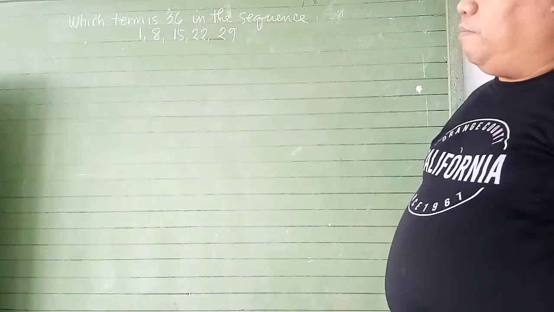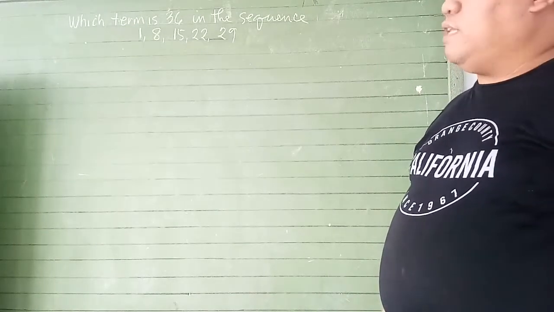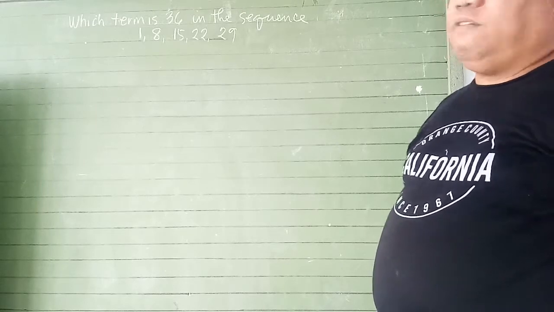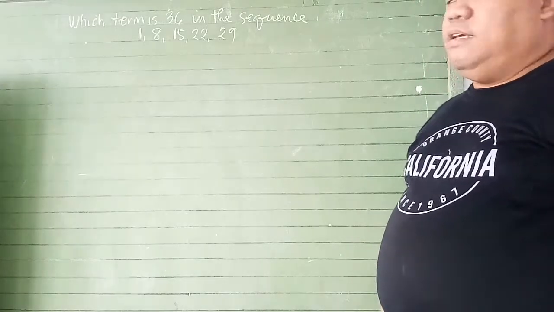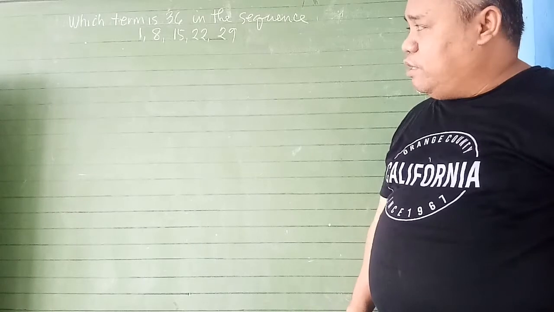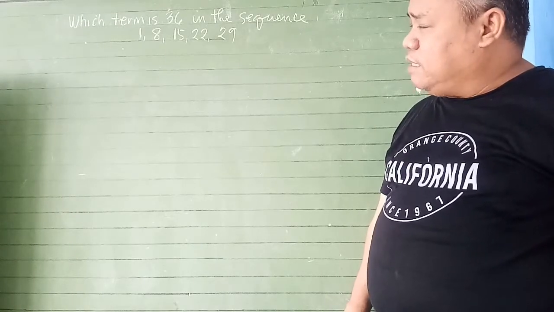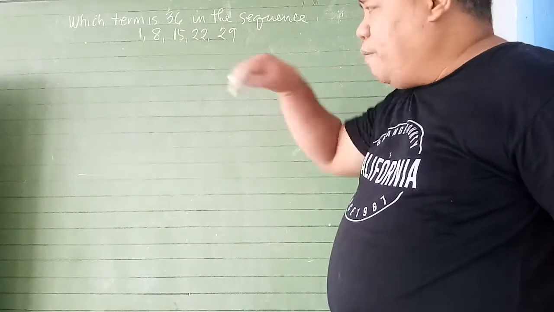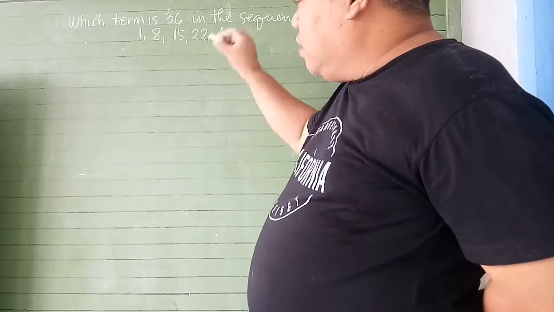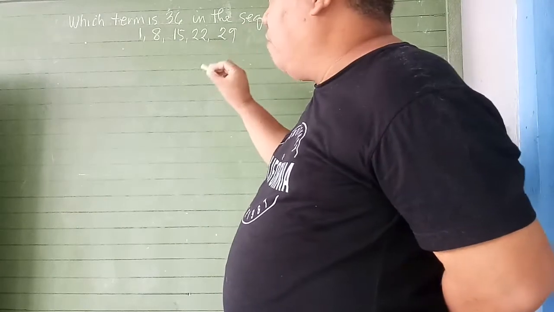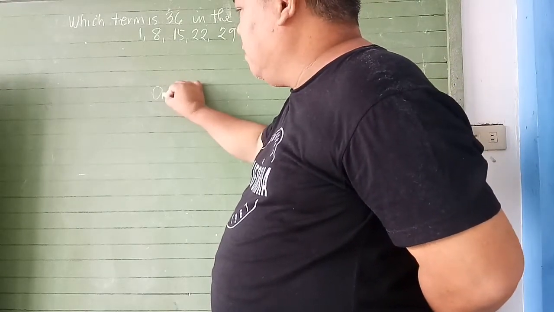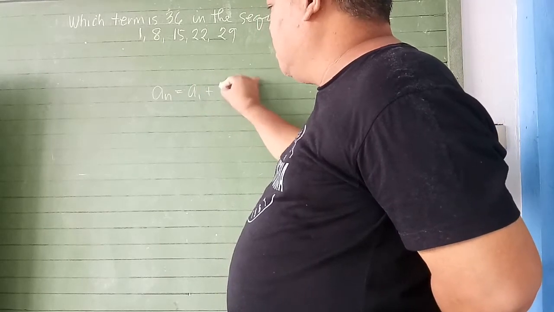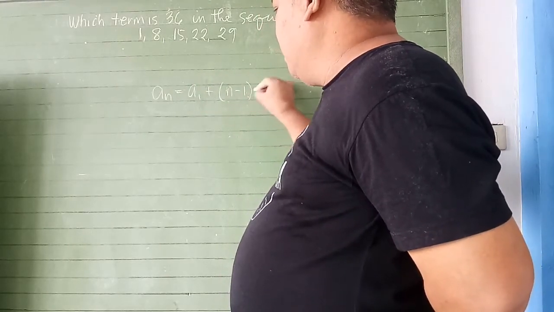And let's have this problem now. The question goes like this: which term is 36 in the sequence 1, 8, 15, 22, and 29? So we're going to find which term 36 is. Pag ilang terms kaya yung 36 na yan? So we're going to solve this using the general formula for the arithmetic sequence. We have a sub n is equals to a sub 1 plus n minus 1 and d.